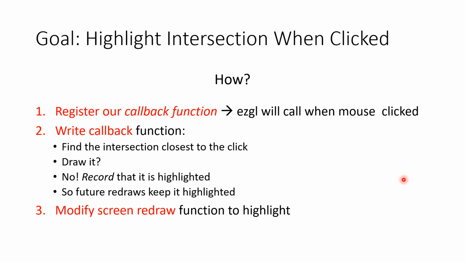We write a callback function that finds the intersection closest to the click. And now we don't draw it. We record that it's highlighted so that the redraw function knows it's highlighted. So then we modify the redraw function to highlight the ones that are reported to be highlighted.